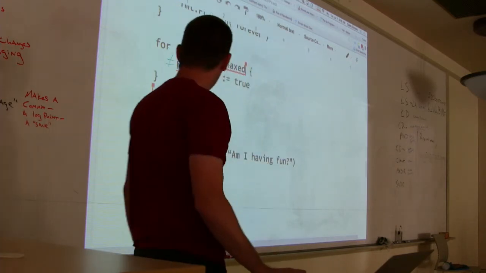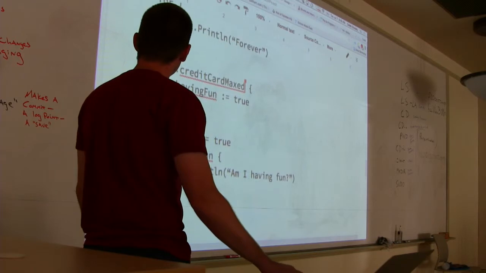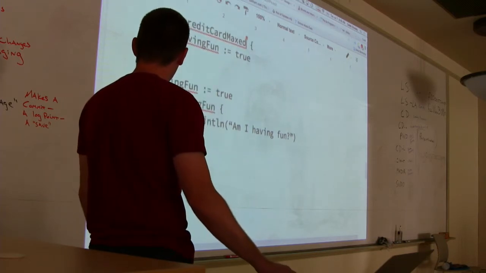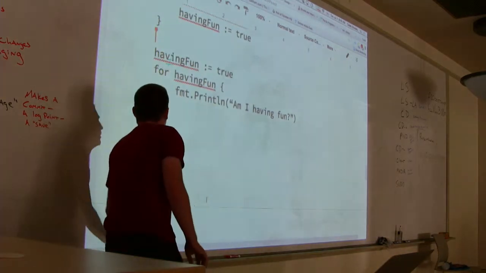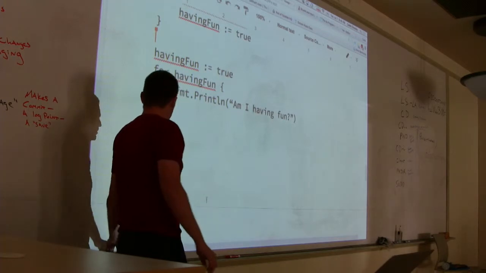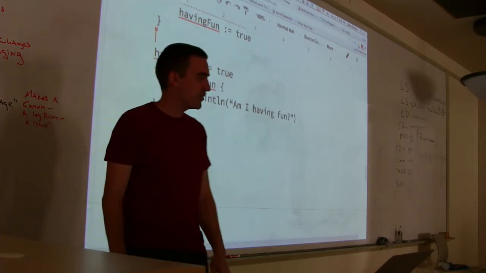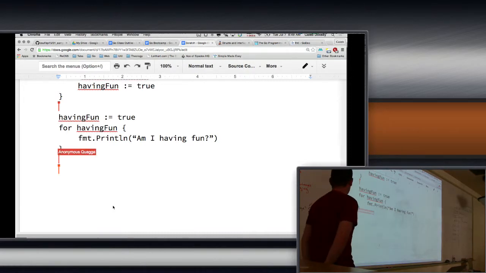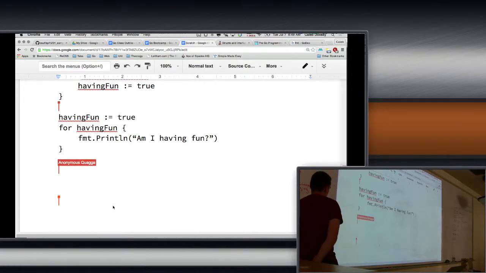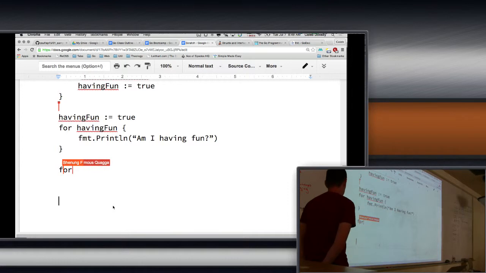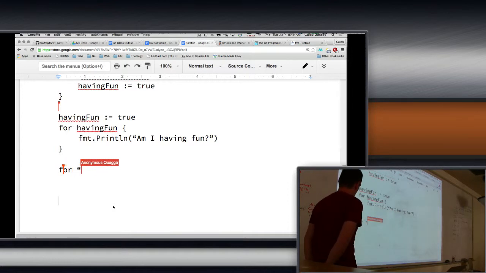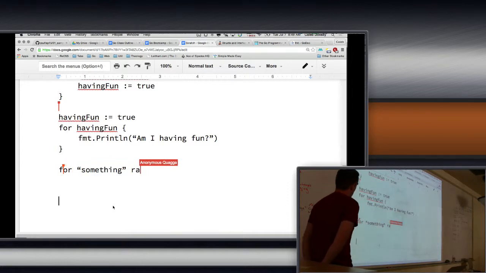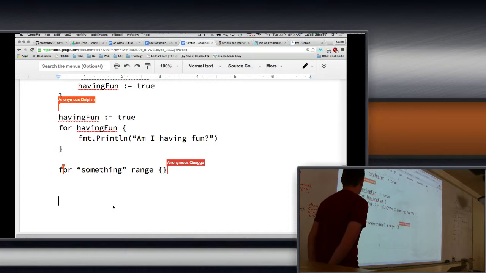So those are the basic loops. We also talked about another for loop, didn't we? With strings. Does anybody remember that one? That was like the range. Yeah. Can somebody show me what that one looked like? Alright, what did I do wrong?